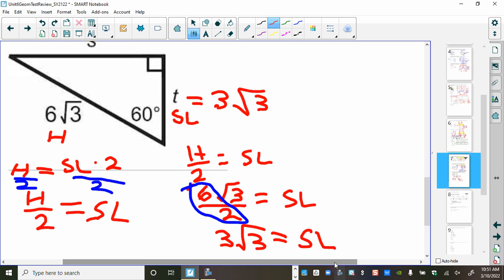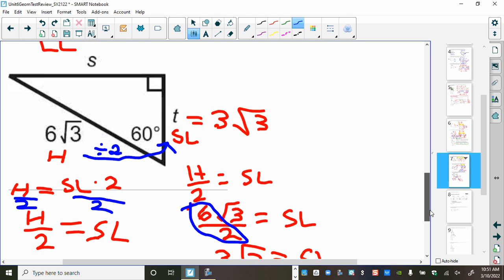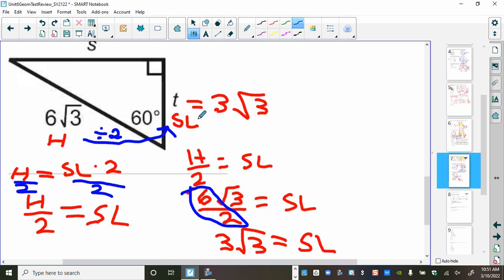Questions on that part? Going from hypotenuse to short leg. Just divide your hypotenuse by 2. So that's all you do. Go from here to here. Divide by 2. Now, who wants to know the quick way from short leg to long leg?